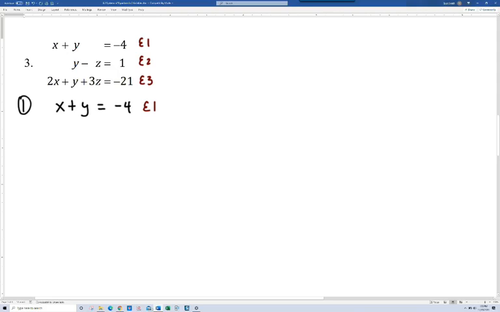So it'll be 3 times y is 3y, and 3 times a minus z is a minus 3z, and 3 times 1 is 3. All right, and then let's write down equation 3. That's going to be 2x plus y plus 3z equals -21.